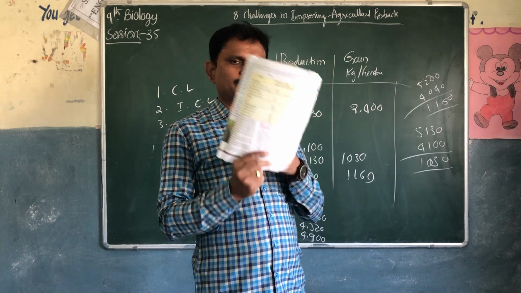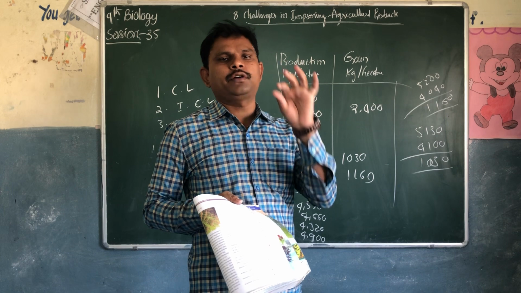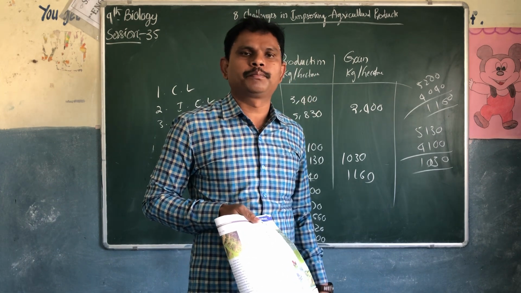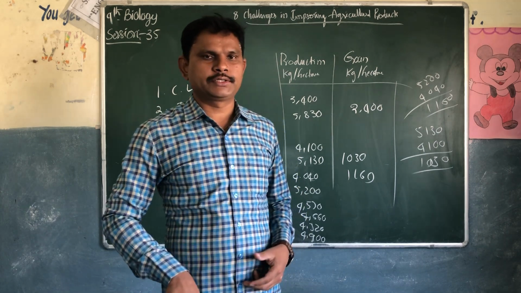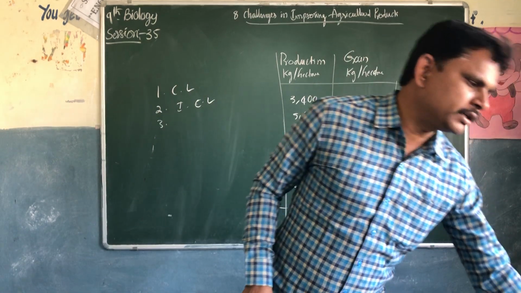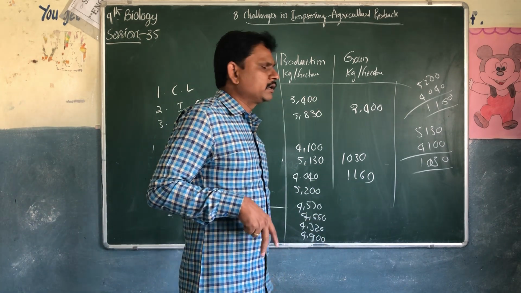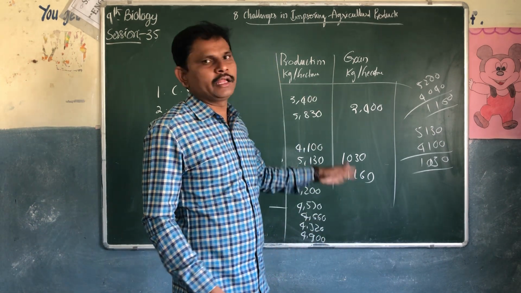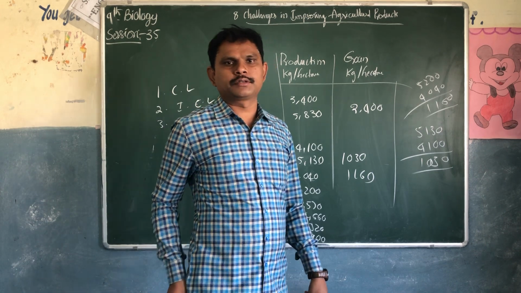There are some six headings. Just write which method is the perfect method to increase the production of crops. So these are the two important things. Okay, thank you students. You have to write table 4, that's important. You have to calculate how much gain they got, then write about increasing our food production. Thank you.